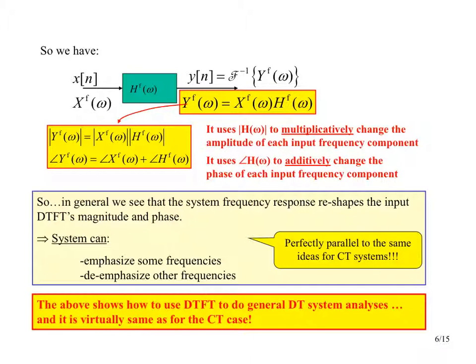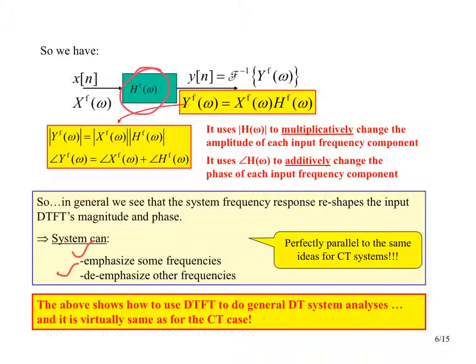So the main thing that this informs us about is that this frequency response tells us that its magnitude is going to emphasize some frequencies and de-emphasize other frequencies. And some it might just leave completely untouched.